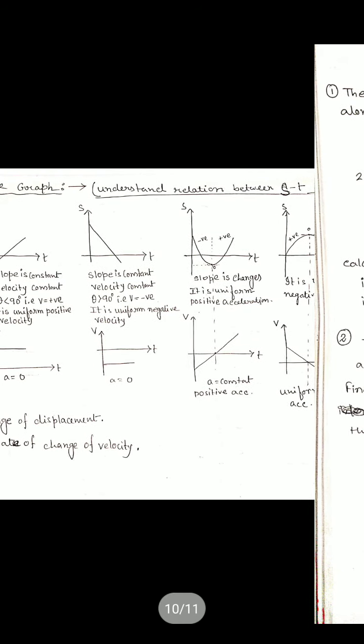Third one is the displacement time graph where slope is also constant, velocity constant, but theta is greater than 90 degrees, that's why velocity is negative. So it is uniform negative velocity. Uniform means constant. So in the negative region it is parallel to the time axis, and in this case also acceleration is 0.